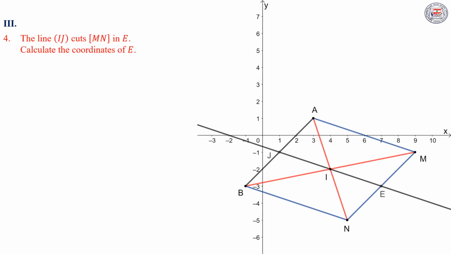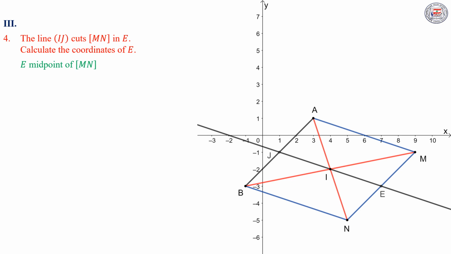In part 4, the line IJ cuts MN in the point E. We have to calculate the coordinates of E. We have J the midpoint of AB, I the center of the parallelogram ABNM, then E is the midpoint of MN.